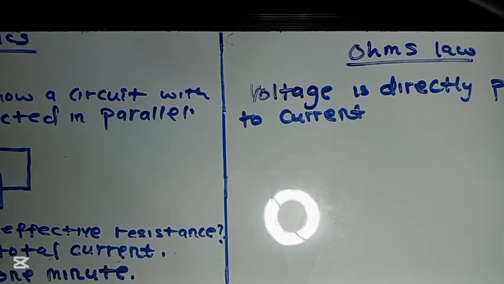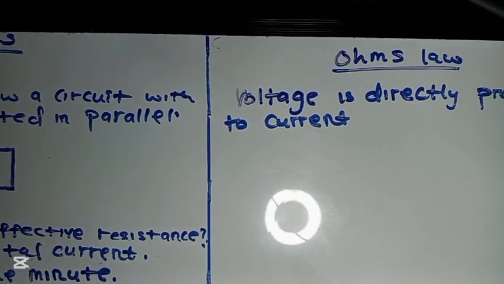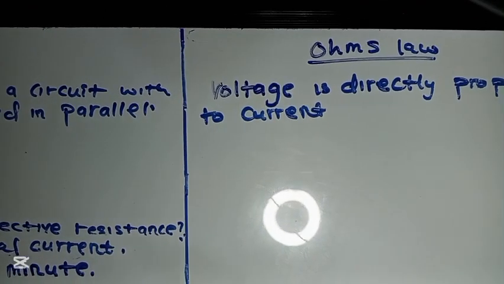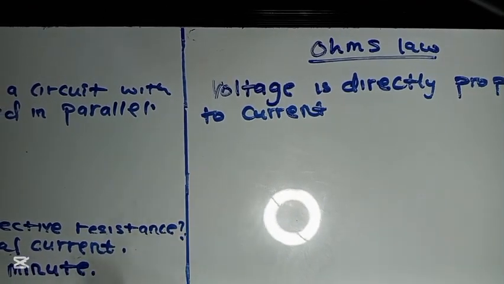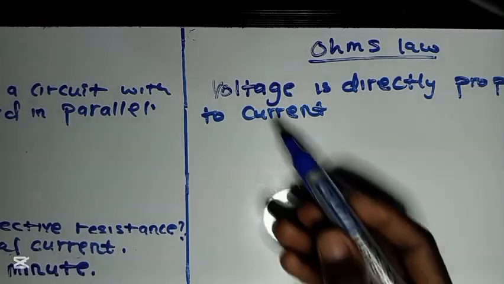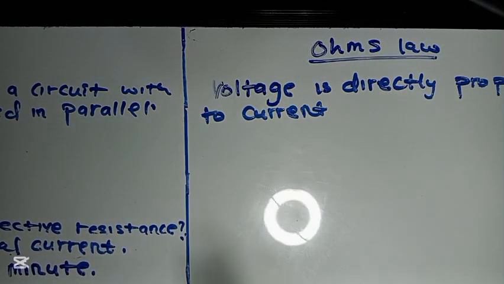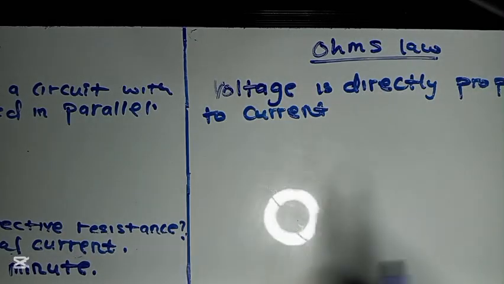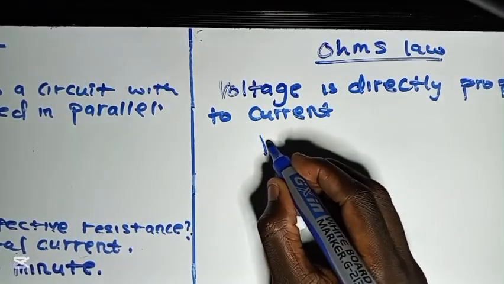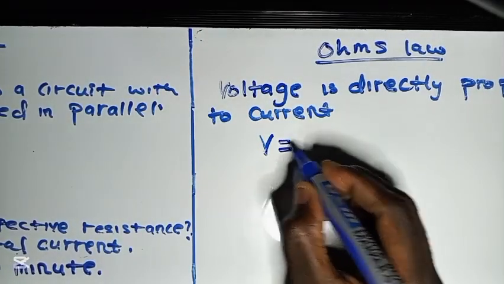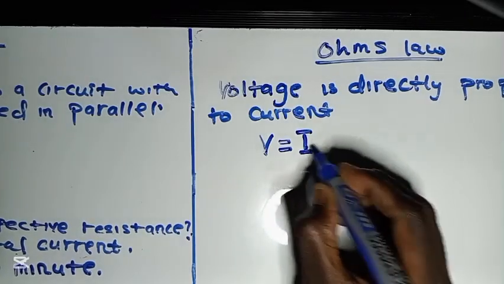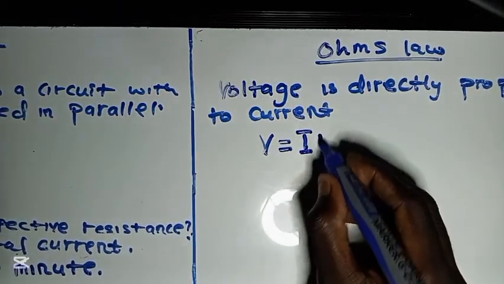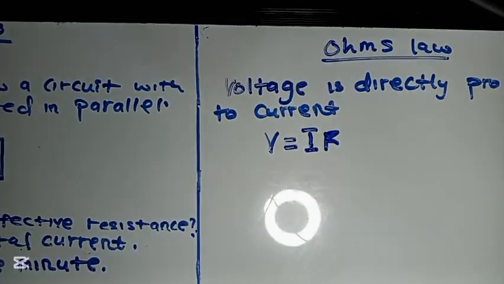So we have tackled the definition of Ohm's law. The second thing is the Ohm's law formula, which is the same as the definition: voltage is directly proportional to current, and we put resistance.